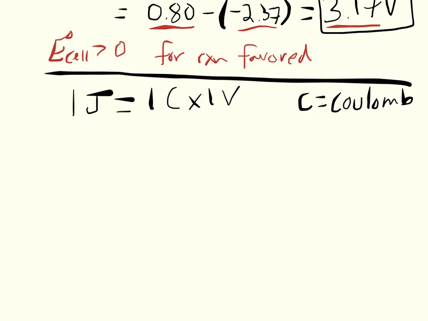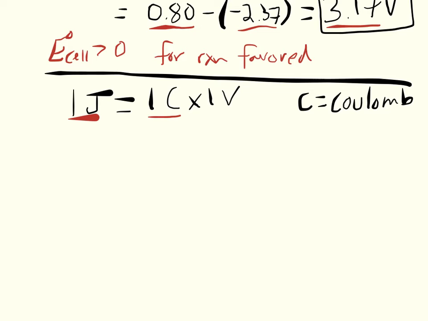This is representative of the energy of an electron in joules, but just of a single electron. But in chemistry, we're usually dealing with molar quantities, moles of electrons, not single 2 or 3 electrons.